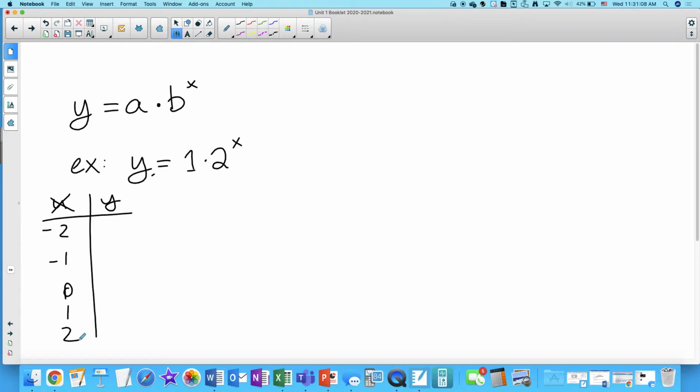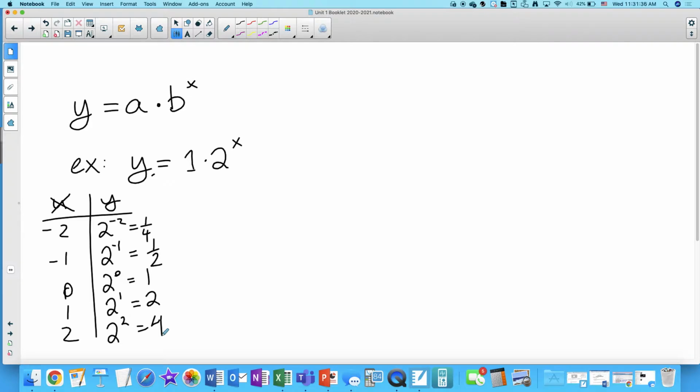If x is -2, this would be 2 to the -2, which is 1 over 2 squared, 1/4. This would be 2 to the -1, which is 1 over 2. This is 2 to the 0, which is 1. 2 to the 1 is 2, and 2 squared is 4.